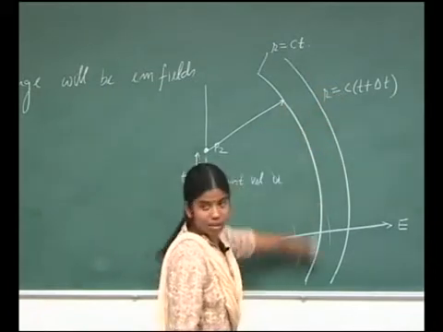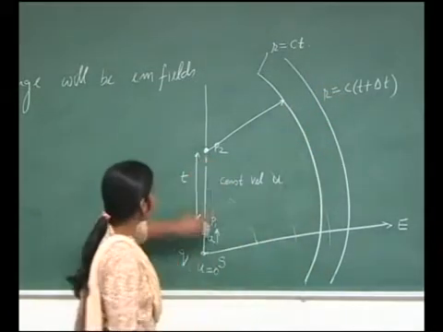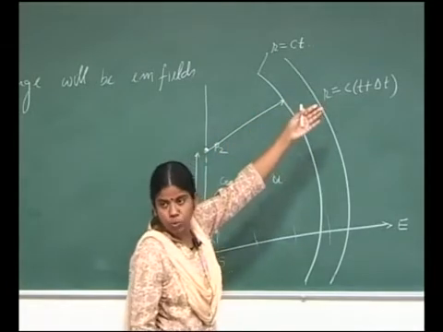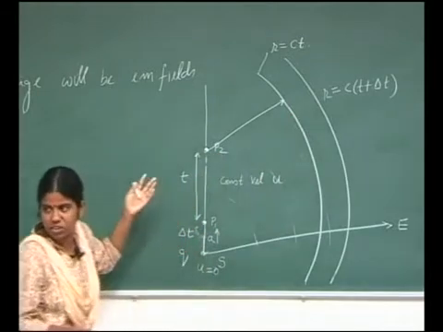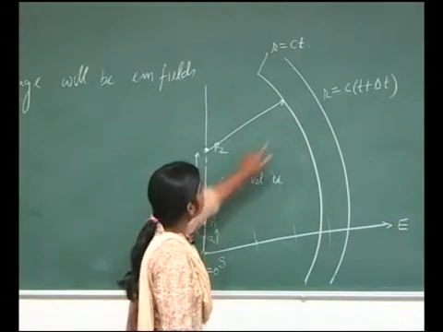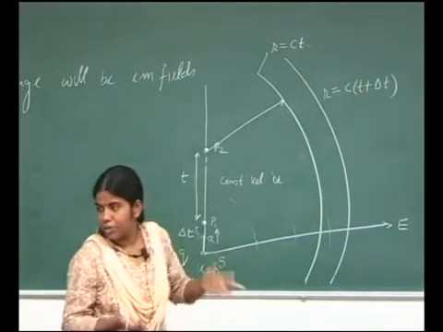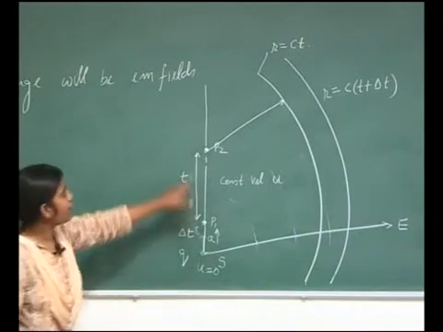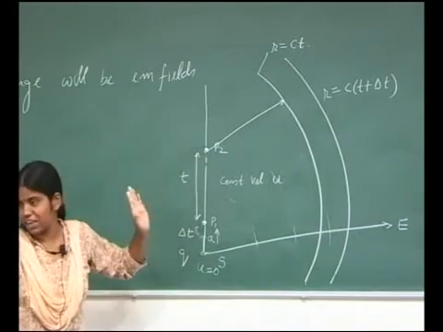This is the circle. Now, if suppose the charge reaches here, then the field would be radially outwards, because there was no acceleration. Now, this field and this field should be connected, because here also the charge did not have any acceleration and here also the charge did not have any acceleration.